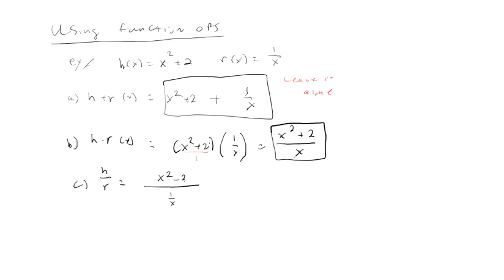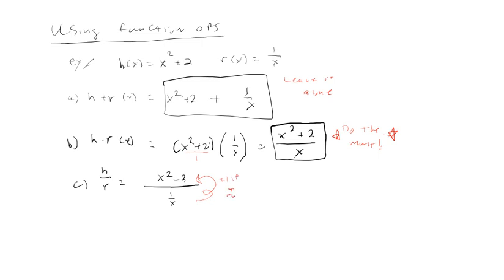For division, I want you to simplify, just like multiplication. How can I fix this ugly fraction over a fraction? I take the bottom fraction and do a little flip-a-do, flip and multiply. Keep, change, flip, or whatever that's called.